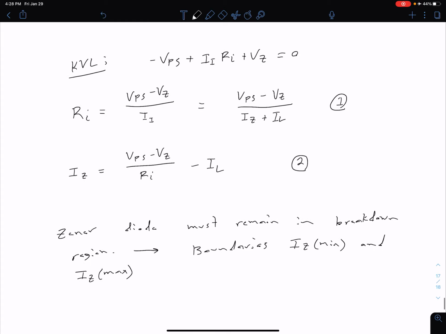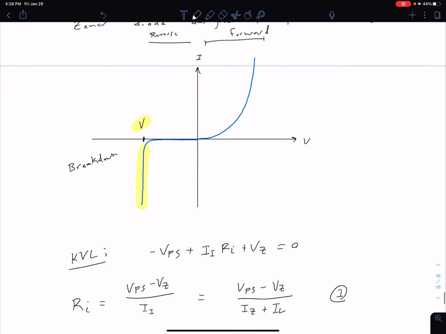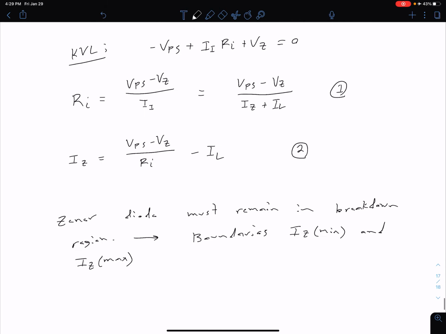Coming back to our IV curve here, ideally we could just stay on that highlighted line forever, but if we go too high, if we have too much current, we can of course break the device. And if our current gets too low, then we're going to start seeing variations in our voltage. So practically we're going to have some bounds, IZ min and IZ max. We've not set any restrictions as to what those are right now. We're just saying somewhere those bounds exist.